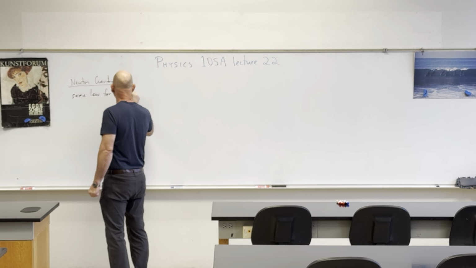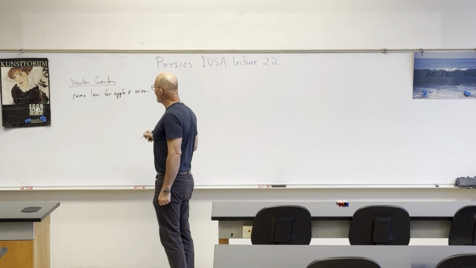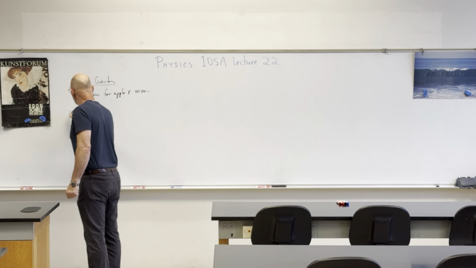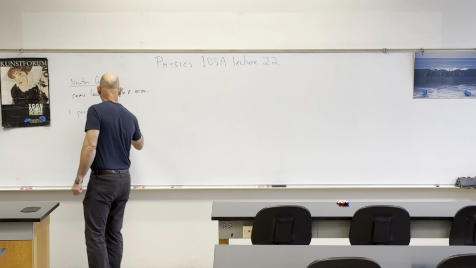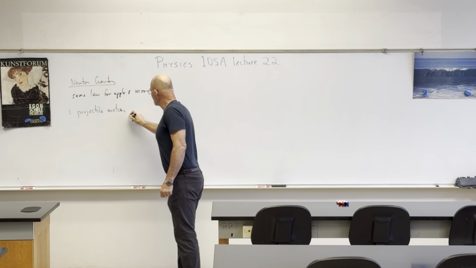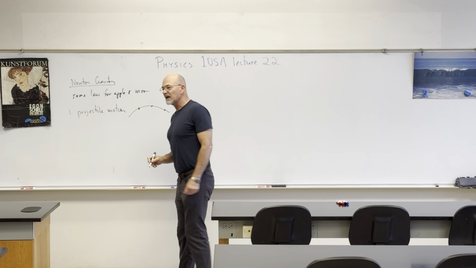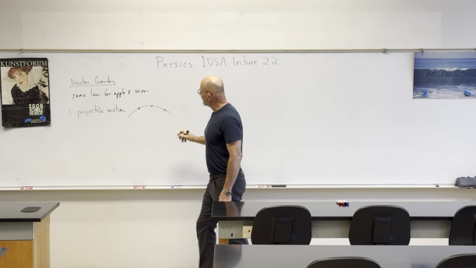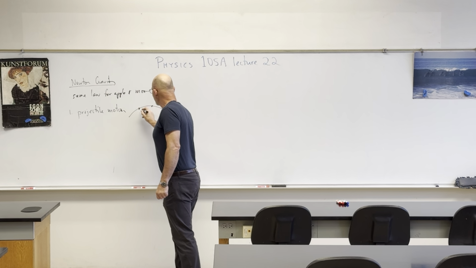Apple and moon. And then you can kind of go through it. You say, for projectile motion here on Earth, what do you have there? You launch something that's flying through the air, and I didn't say this last time, but you can relate that to the lunar orbit in the following sense.